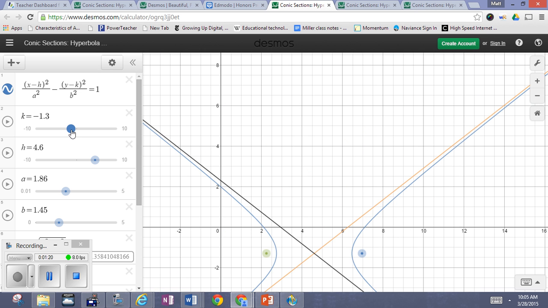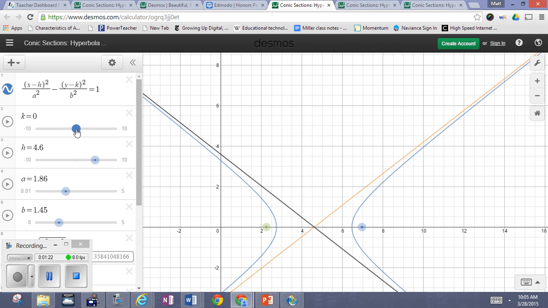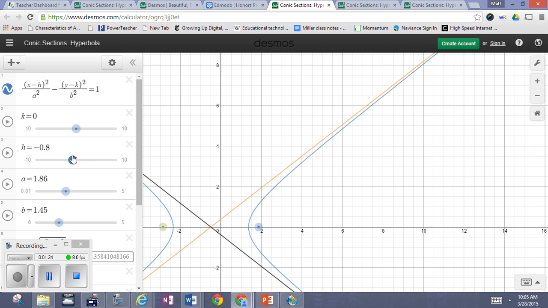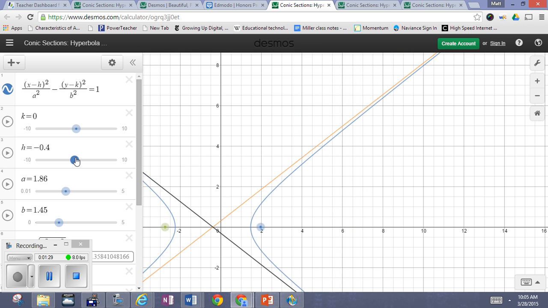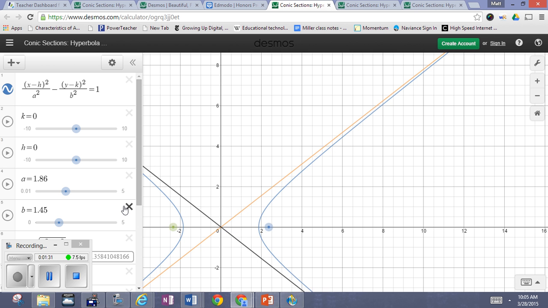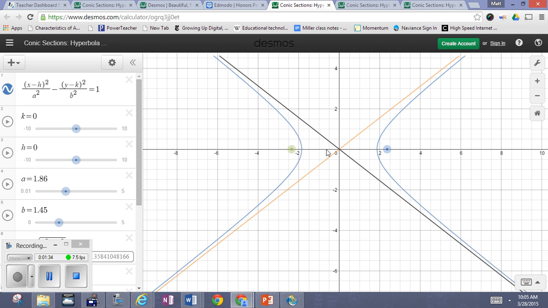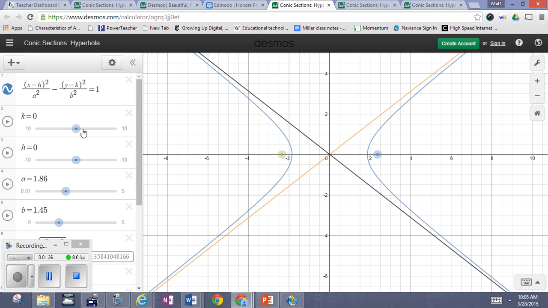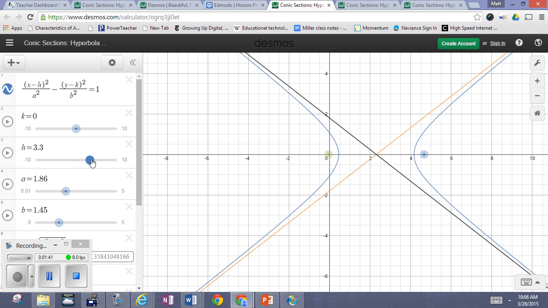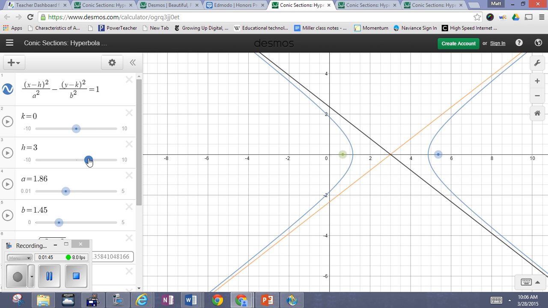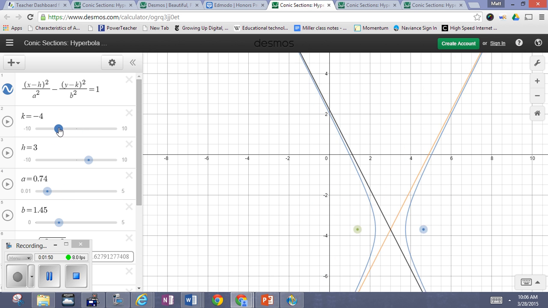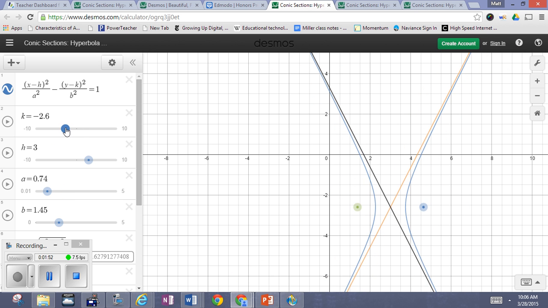For convenience's sake, we'll keep it at the origin initially, just so you can see everything is pretty much the same as it was before. Now, let's say we want to move our center to (3, -2).